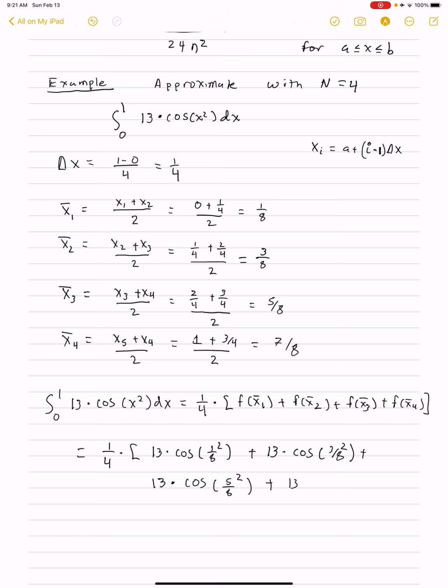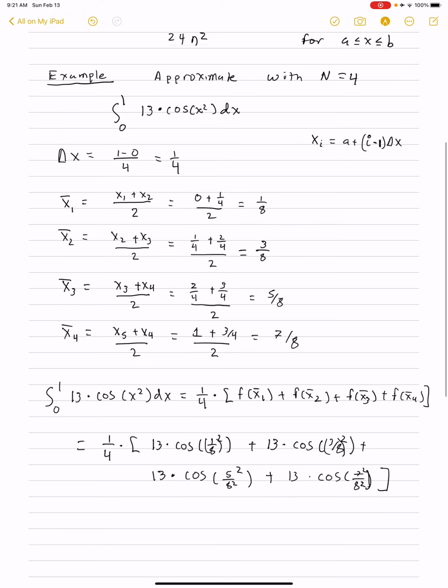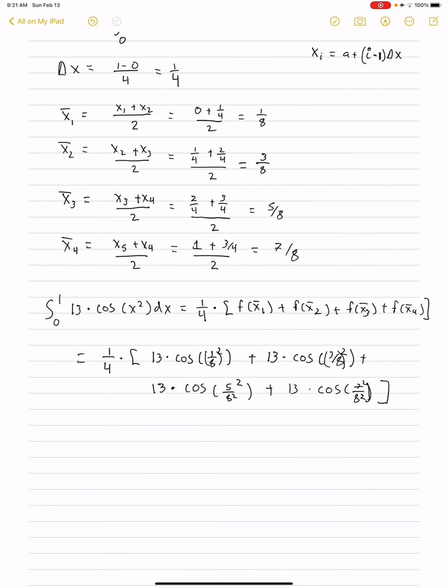Then 13 times cosine of 7/8, we'll square everything there. So it depends if you prefer to write it like that or square numerator and denominator. Okay, and that will be what we need to calculate in our calculator. When we do that, we're going to get 11.81.